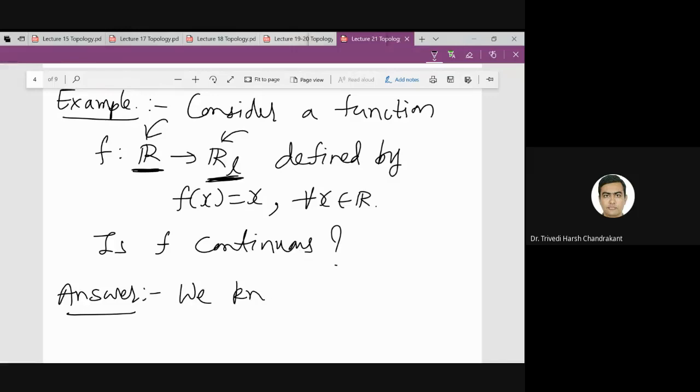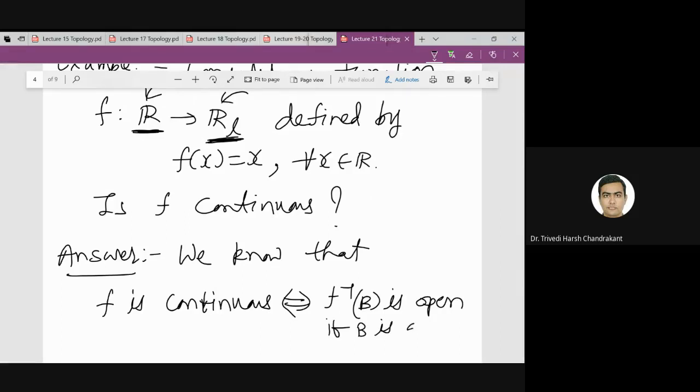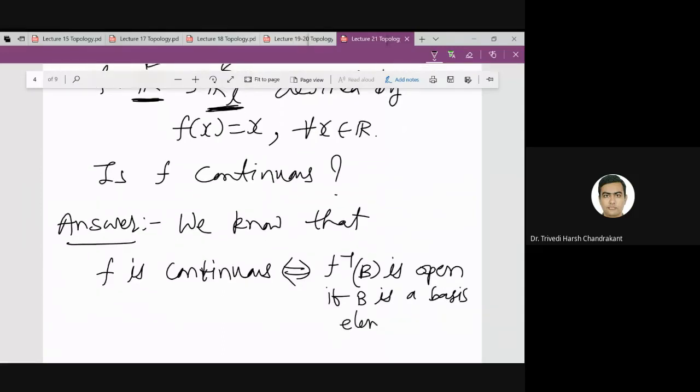We know that f is continuous if and only if f inverse B is open whenever B is a basis element in RL.